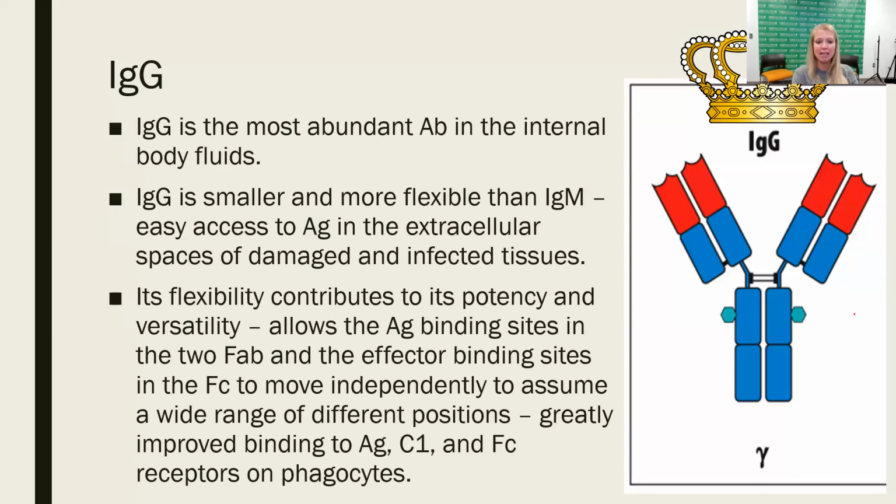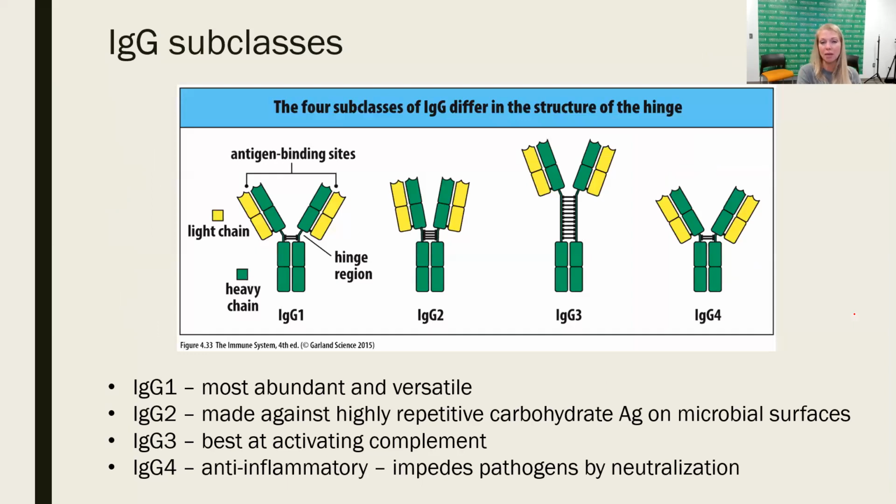And it's just really, really good at what it does. It has strong binding affinity, and it gets better and better through affinity maturation. And so there's just a lot of things that it can do. Based on the different subclasses it has different effector functions, or most important effector functions. IgG1, subclass 1, is the most abundant and most versatile. IgG2 is going to be a pretty good opsonin.